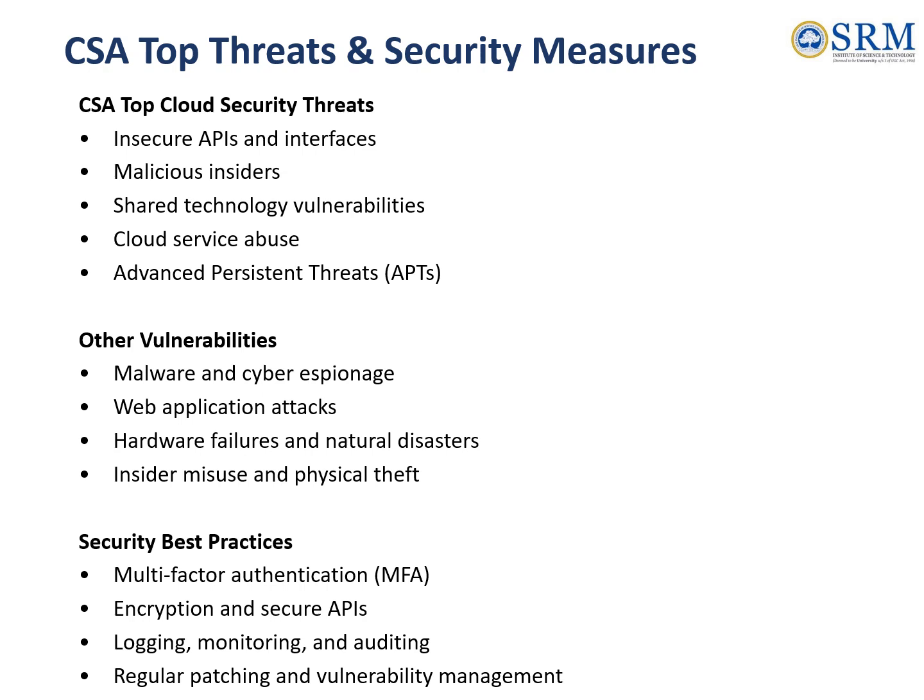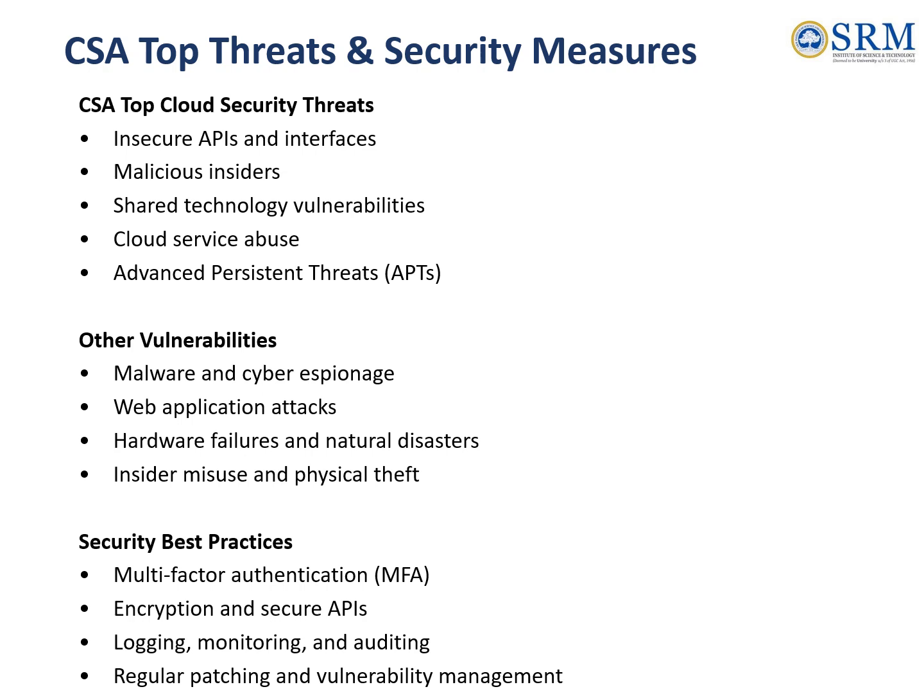This slide shows some important threats identified by the Cloud Security Alliance, commonly called CSA. These threats include insecure APIs, malicious insiders, shared technology vulnerabilities, abuse of cloud services, and advanced persistent threats or APTs. For example, insecure APIs may allow attackers to access cloud services improperly if authentication mechanisms are weak.